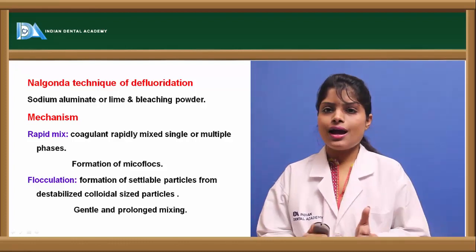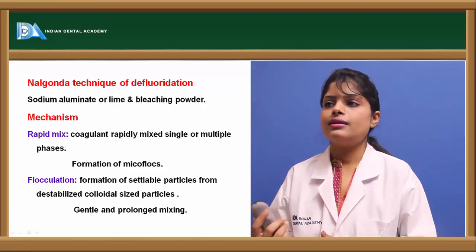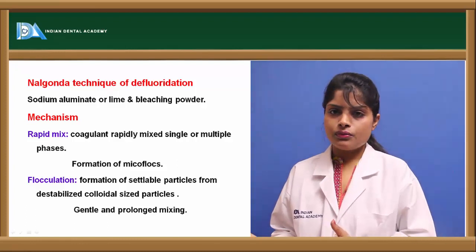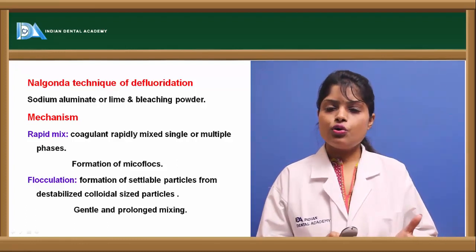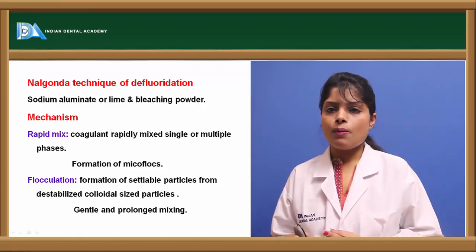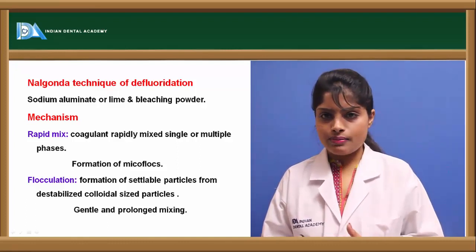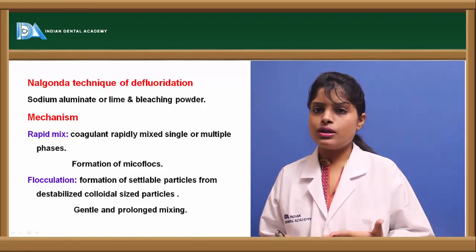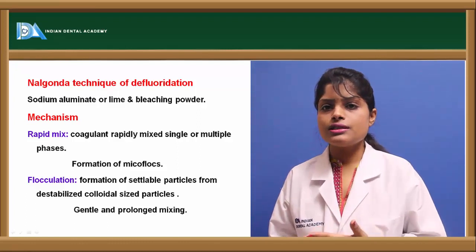That is, first we add sodium aluminate, followed by the lime, which is further followed by bleaching powder. It not only clears off the fluoride level but also helps in the sanitation or proper disinfection of the water supply. So the method is divided into the following steps.